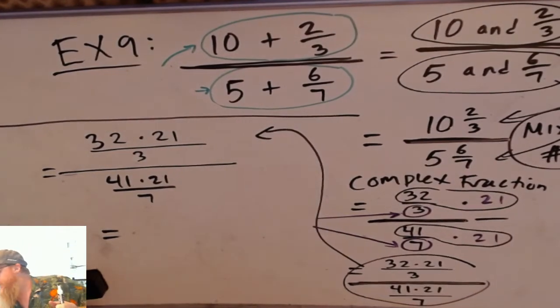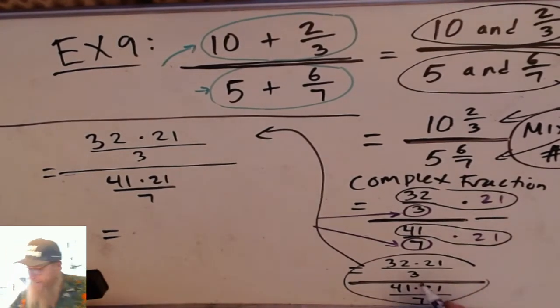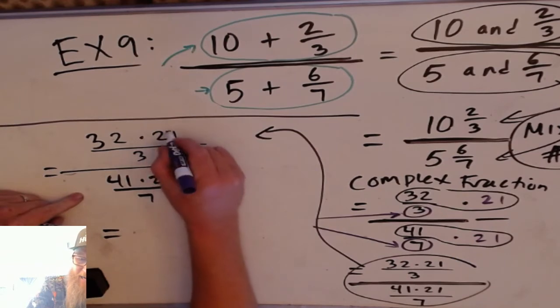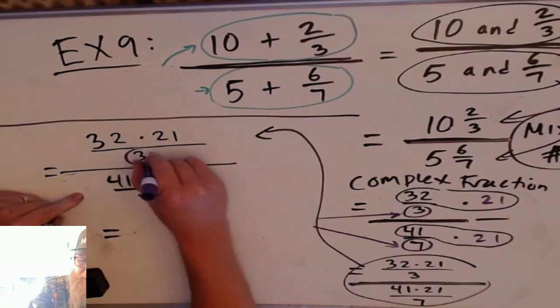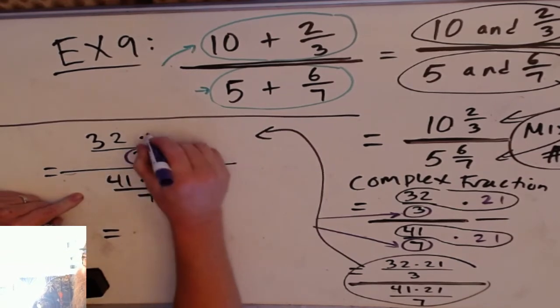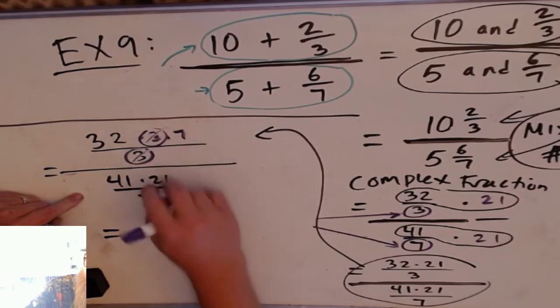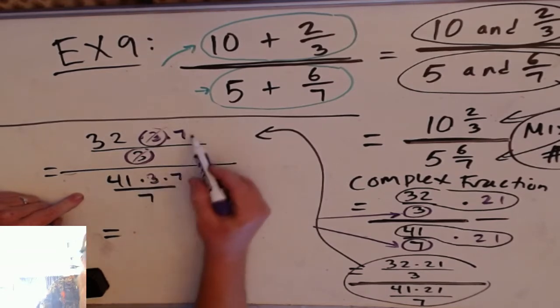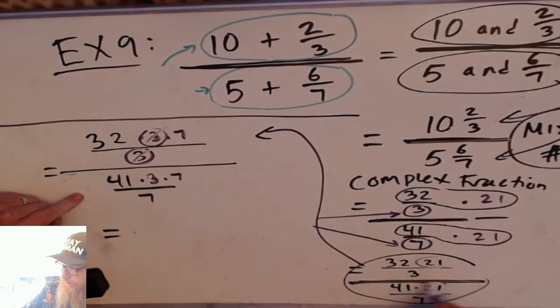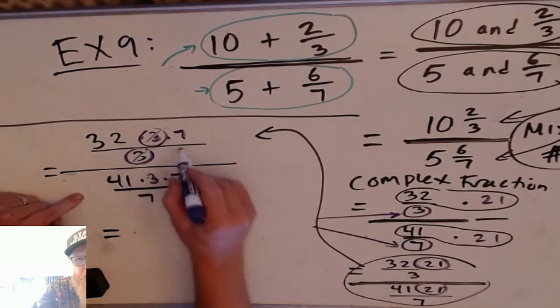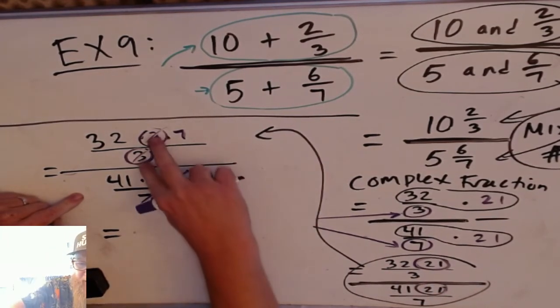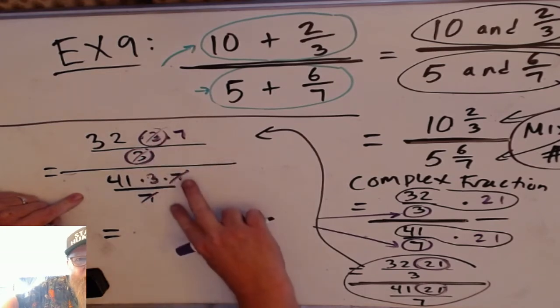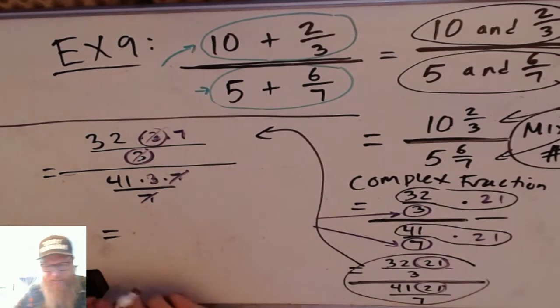Now, if you do this correctly, the denominator should cancel. 21 is 3 times 7, so the 3's will cancel. I'm just writing my 21s from down here as 3 times 7, and then I'm canceling the 3's, and then down here I'm canceling the 7's.